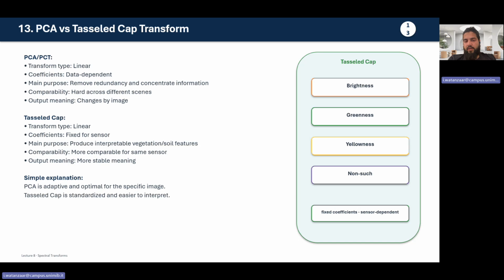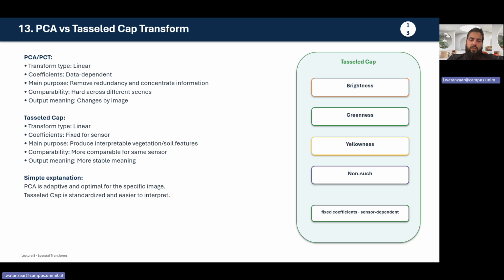A fixed thing is really easy to compare, because the same sensor is capturing multiple acquisitions with a certain fixed transform. But if you change the scene, PCA is totally data dependent and recalculates totally different kinds of principal components. And as they are uncorrelated, it's really difficult to compare them.